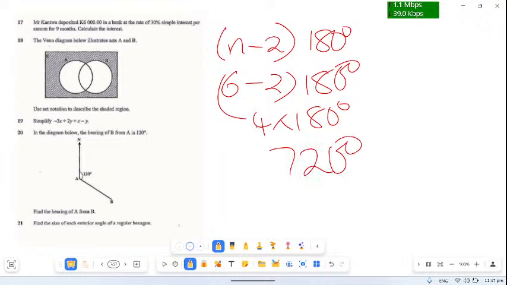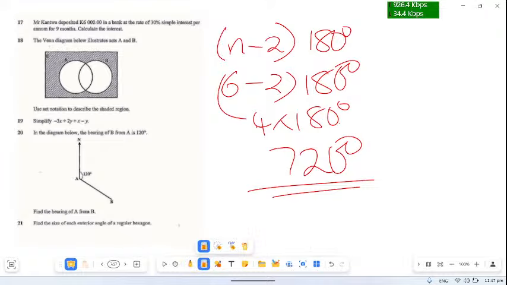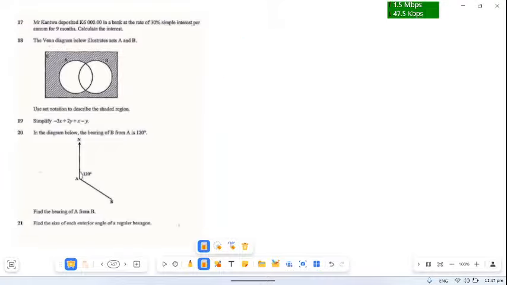4 times 0 is 0. 4 times 8 is 32, we write 2, carry 3. 4 times 1 will give us 7. So that is the size. We have found the answer to be 720 as a sum of interior angles.